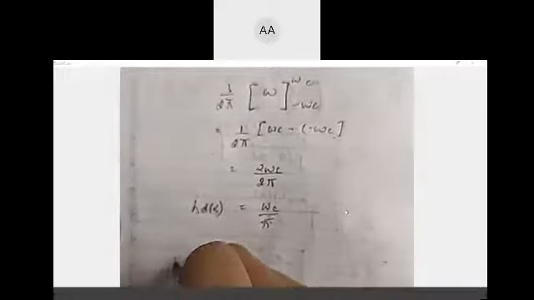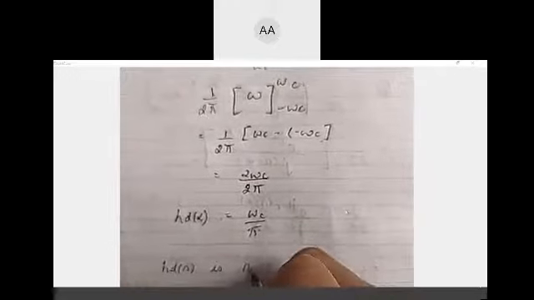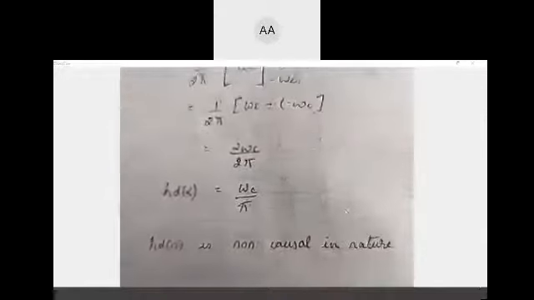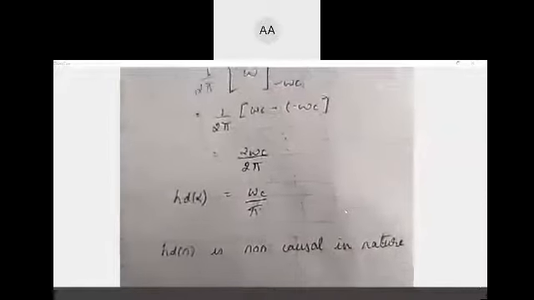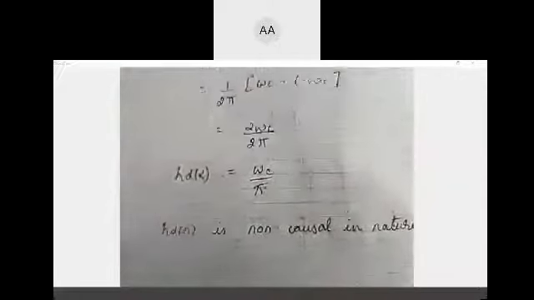So this HD of n is non-causal in nature, because it does not depend on the previous value. So what we will do is, you want a finite filter.